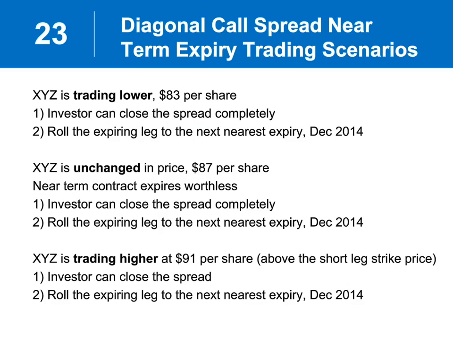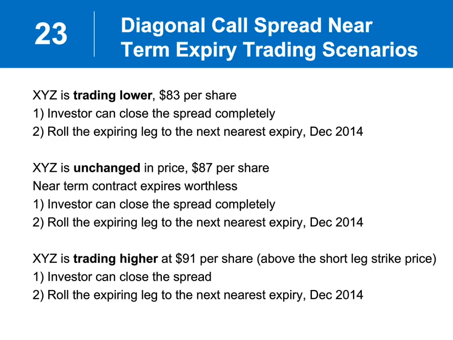As expiration approaches for our near-term expiry, our November contracts, I have a couple scenarios we want to take a look at. If XYZ is trading lower, in this case $4 lower from the day we establish it at $83 per share, the investor can choose to close the spread out completely.